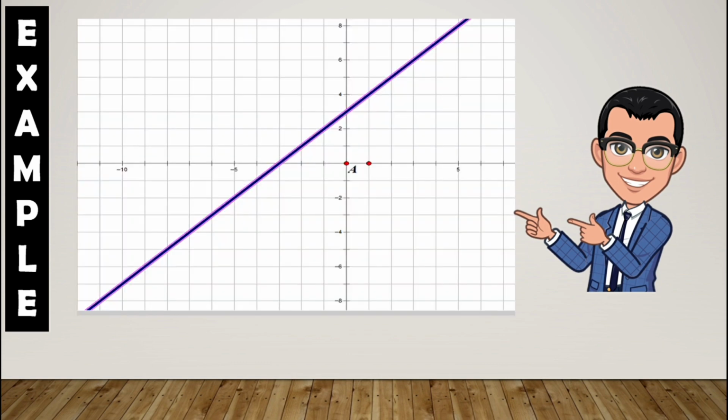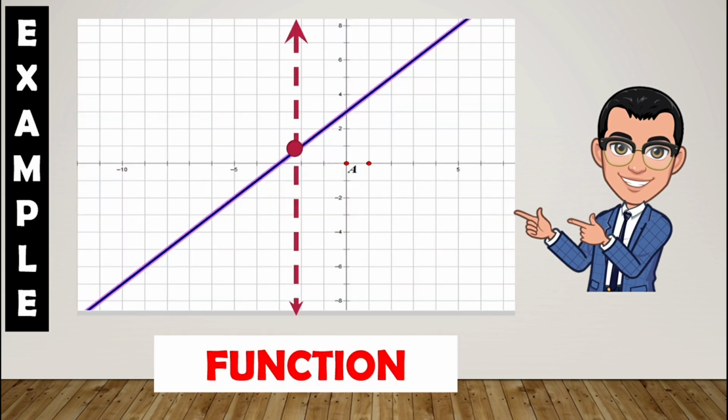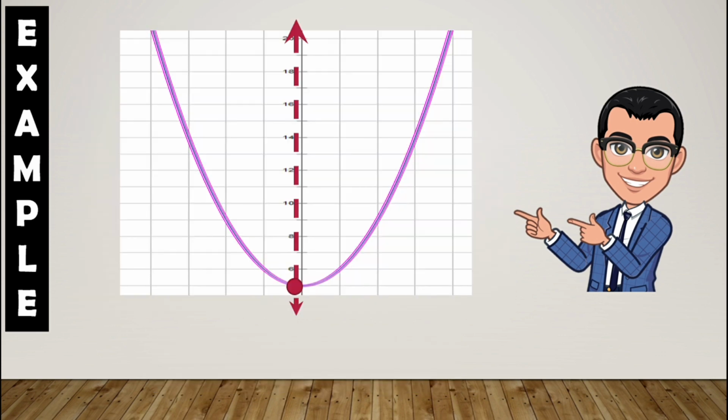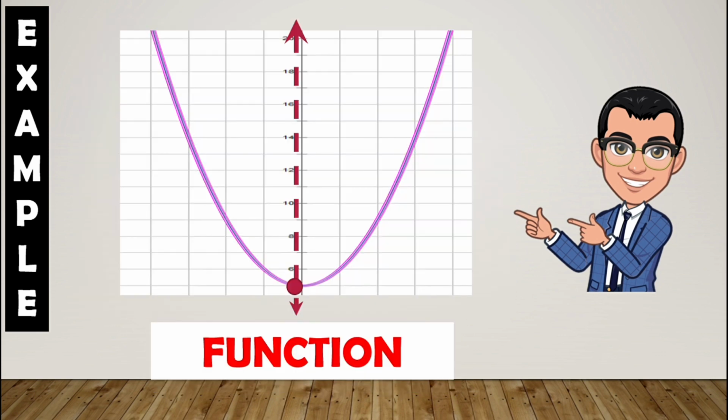Let's have an example. This graph is an example of a function because through our vertical line test, it touches only at exactly one point. For our second graph, this is a function because our vertical line touches or intersects our graph at exactly one point.